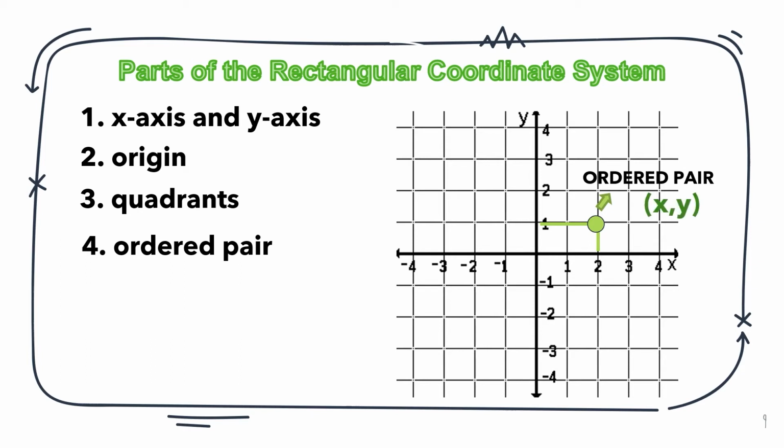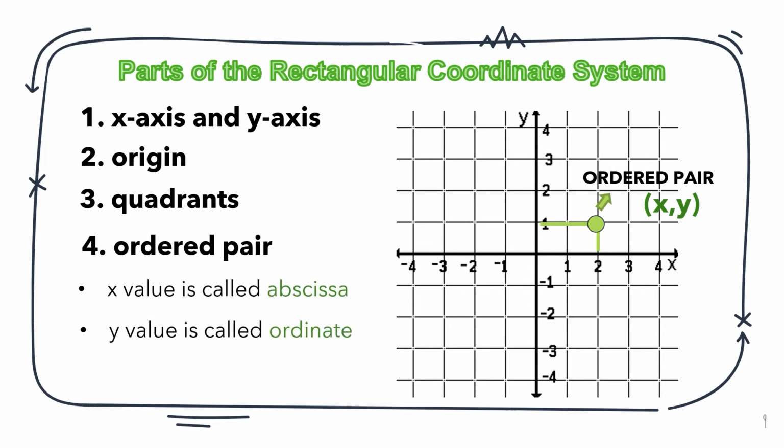It is written in the symbol (x, y). The x value is called the abscissa and the y value is called the ordinate. In this example, point A is located at (2, 1).